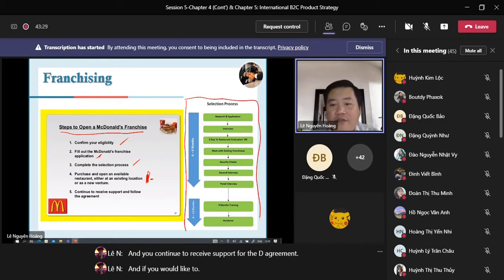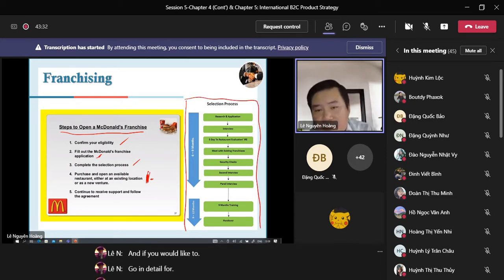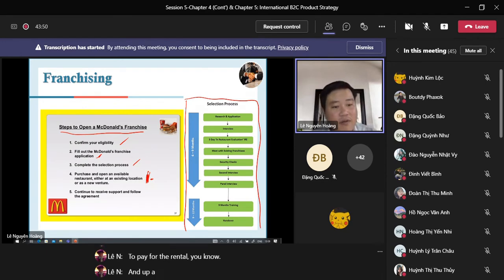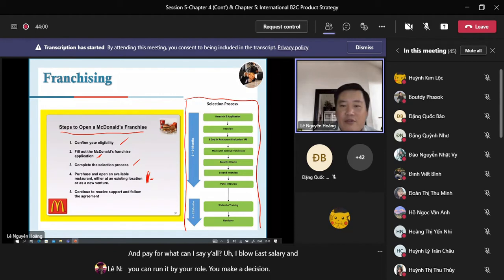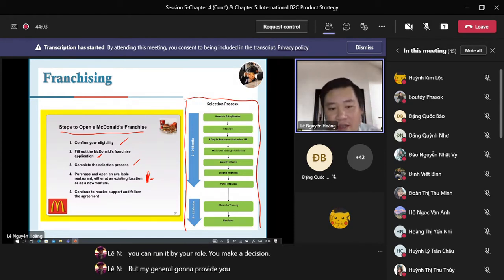And if you would like to go into detail on the selection process, here it is. First, you need to research and apply to open a restaurant from McDonald's. It means that you need to pay for the rental, and pay for, what can I say, your employees' salary, and you can run it on your own. You make the decisions, but McDonald's is going to provide you with some support as well as ingredients.